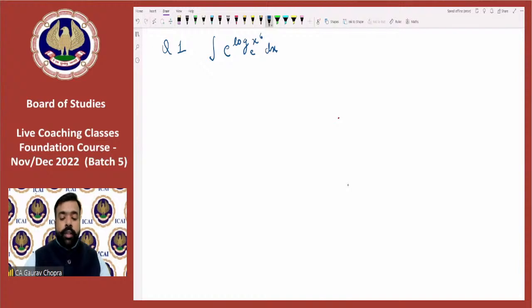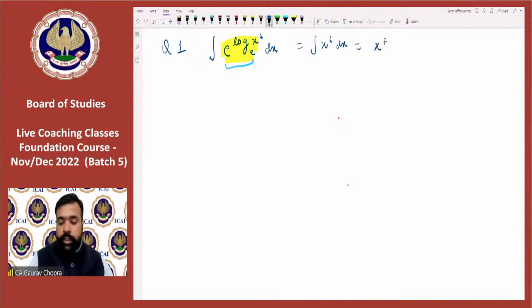Now, as per the property of logarithm, if log with base e is available in the power of e, then e and log will get removed, and what is left will be x to the power of 6. Now we can simplify and get the result.